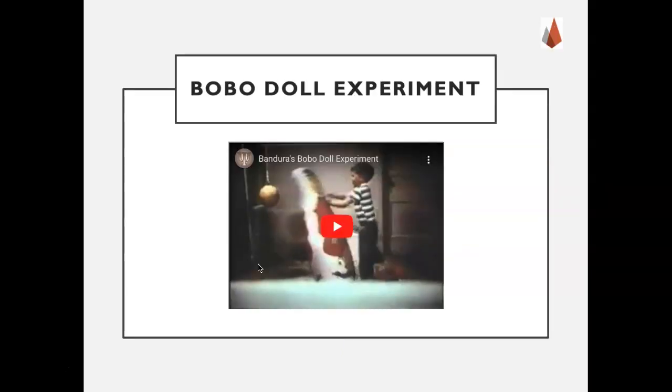Now the Bobo doll experiment. This is a fantastic study, and this was conducted by Albert Bandura. And please pardon the video, it's very old and a little dated, and Bandura can be kind of dry in explaining it. But we're looking at how children use that social learning theory to develop aggressive behaviors.